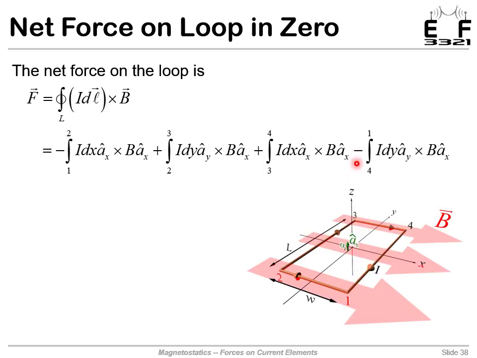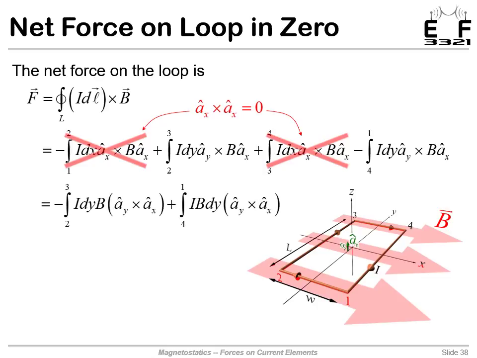So negative, and then our y direction. At this point, we can look at this and see that we have an ax cross an ax in this integral, and an ax cross an ax in this integral. Well, the cross product of a vector with itself is 0. So in fact, those two line integrals drop, and we're just left with the line integrals in the y direction.